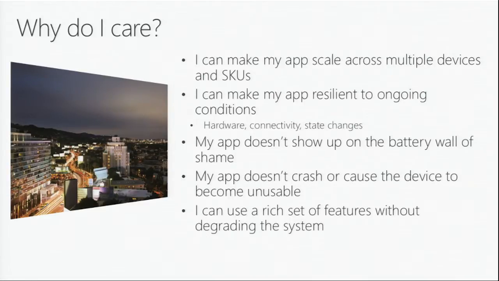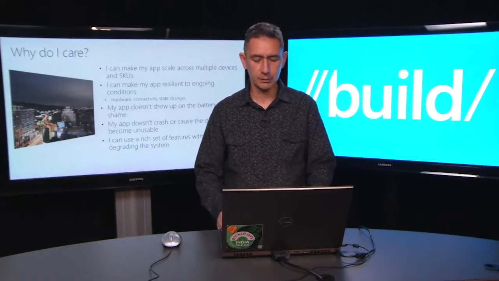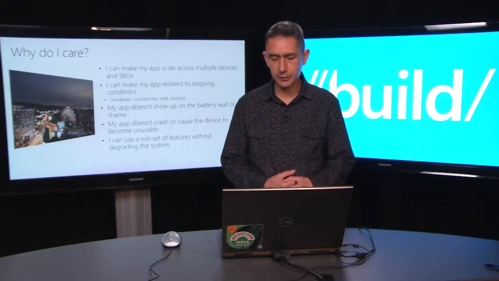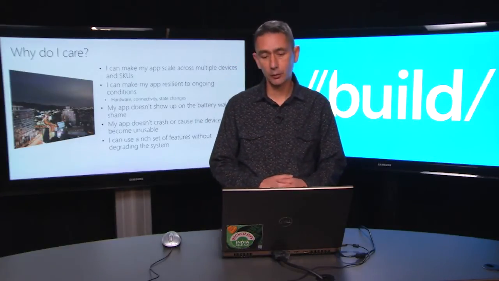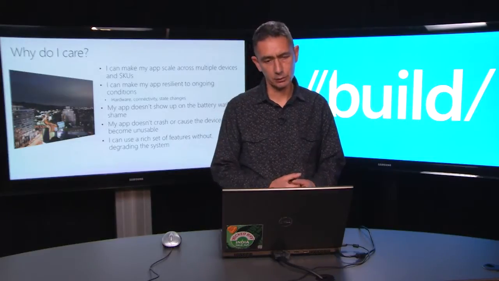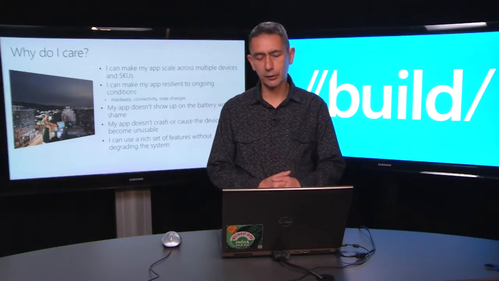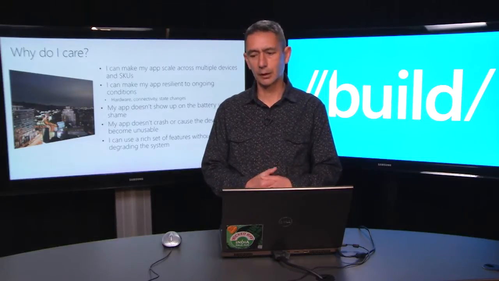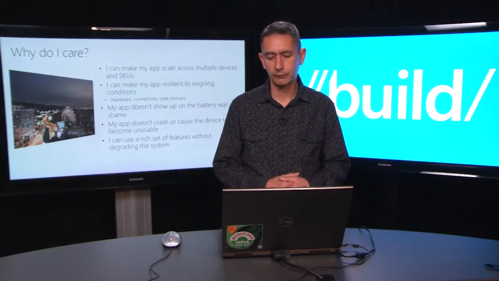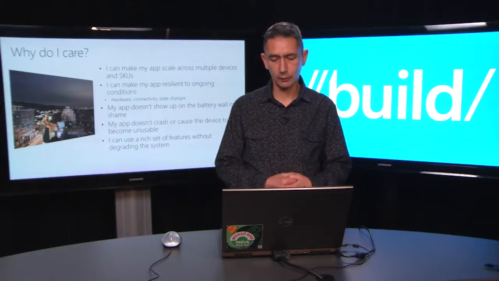And there are a couple of fairly obvious things as well that are consequences of either paying attention or not paying attention. One is the battery, the wall of shame. So the system reports in the UI to the user so that they can see the energy consumption of each app, and particularly when apps go above certain critical thresholds, and we consider them to be very energy consumptive apps, very energy intensive apps.